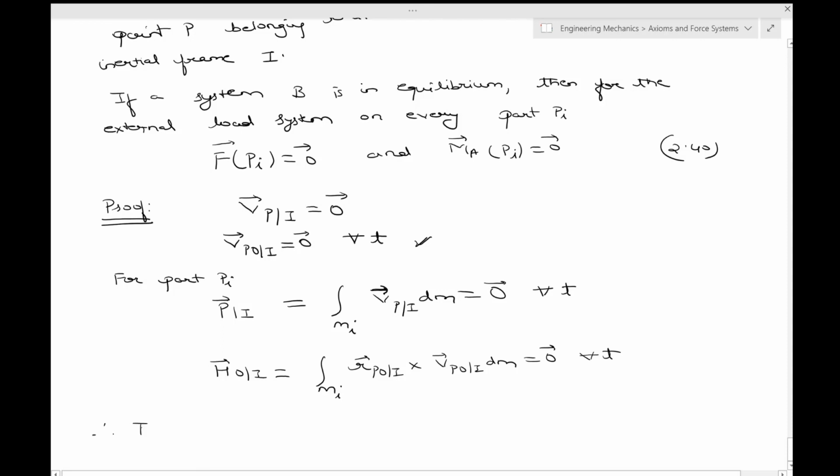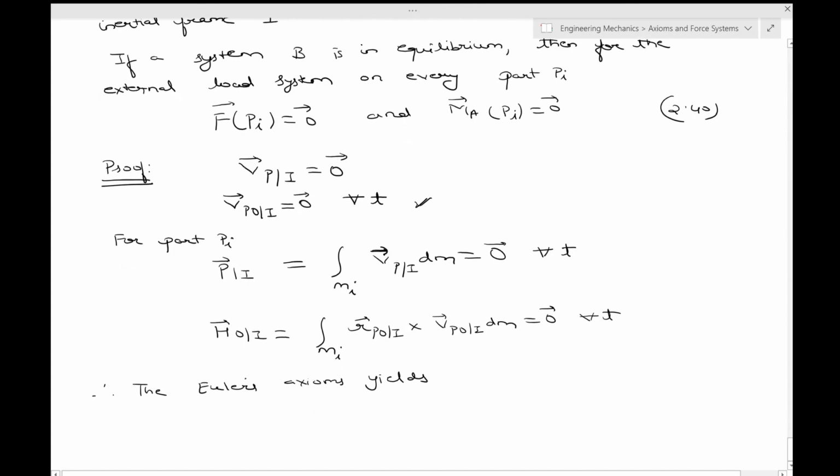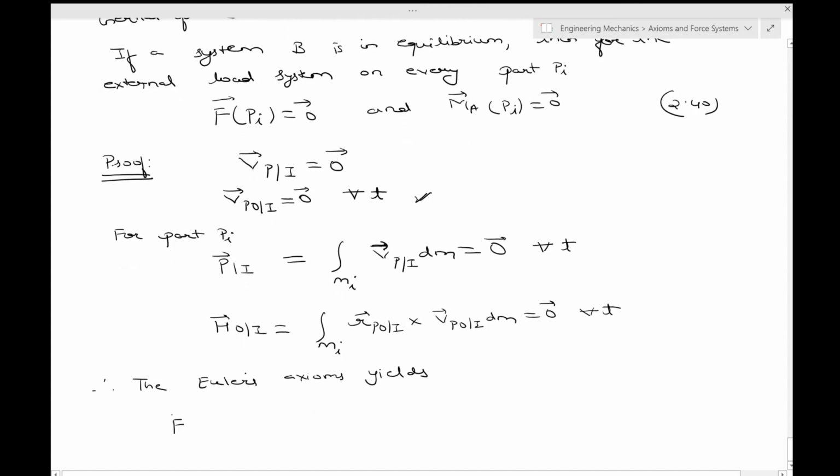So the Euler's axioms yield that F of Pi is equal to P dot in I, which is equal to 0. The rate of change of momentum is equal to force, and the rate of change of angular momentum is equal to the moment.